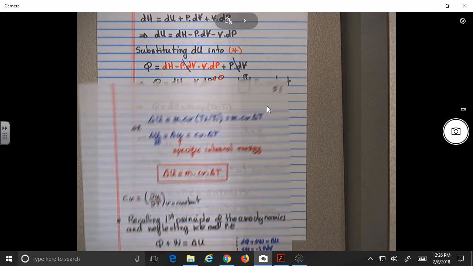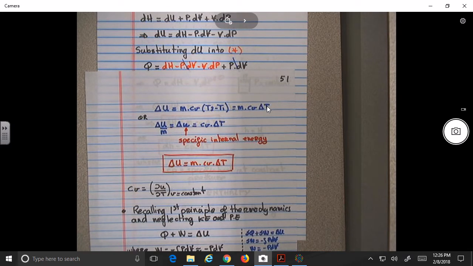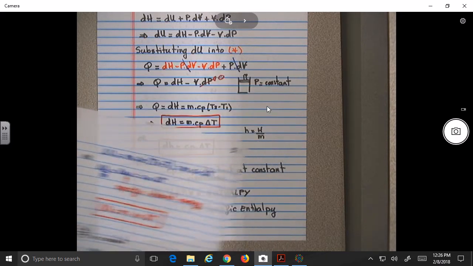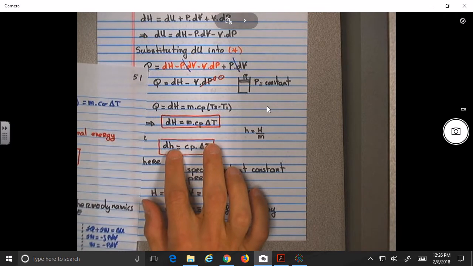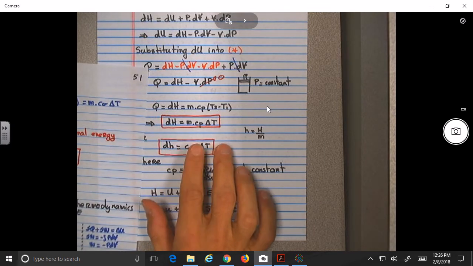But you will see later on, I will tell you: if you deal with closed systems, everything we are doing now, always use delta U, because you remember that delta U is equal to Cv delta T. If you deal with what is known as open systems or control volume systems, I will tell you, remember just to use enthalpy, which is Cp delta T.